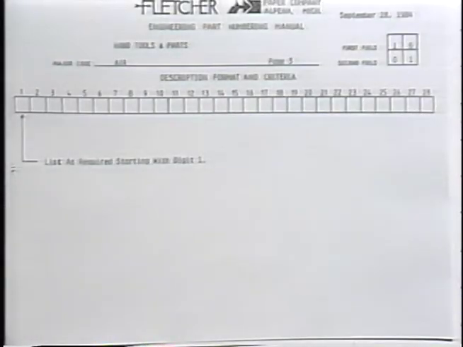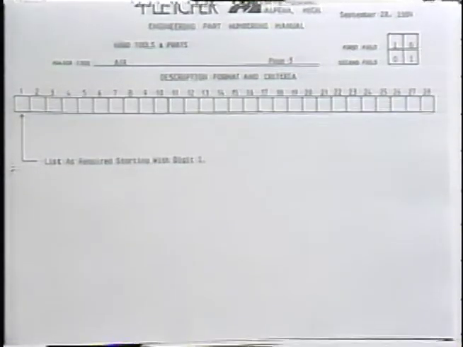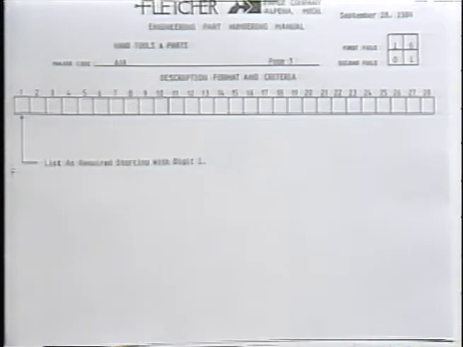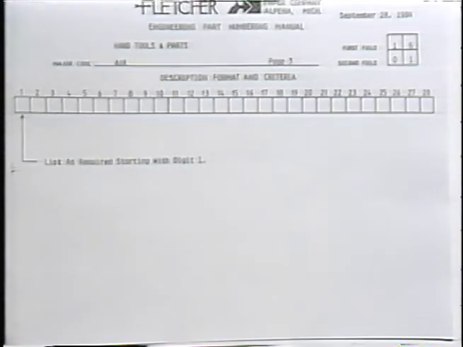Continuing on, now we're going to go over to the description. Now some of these pages are not complete, and this is a building block approach. So I'm not going to try and indicate that every company has all of their part numbering descriptions complete as they get started.